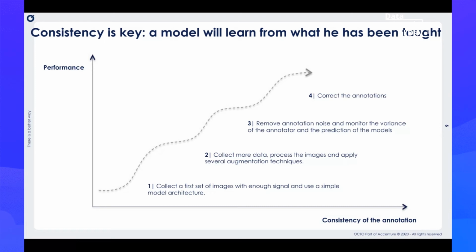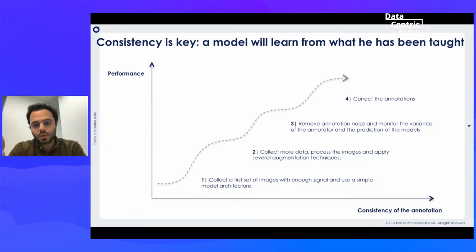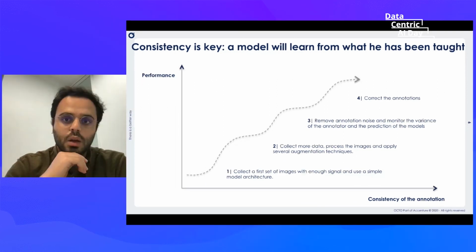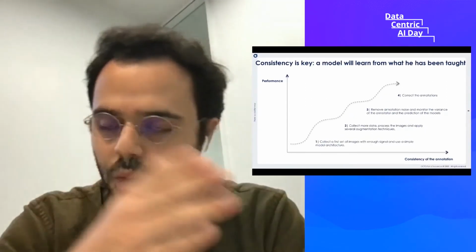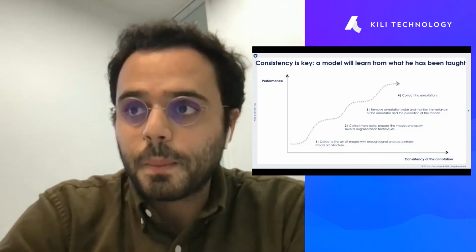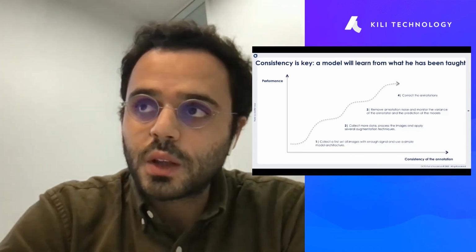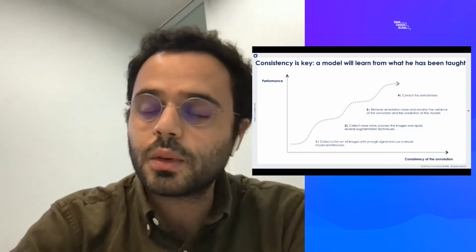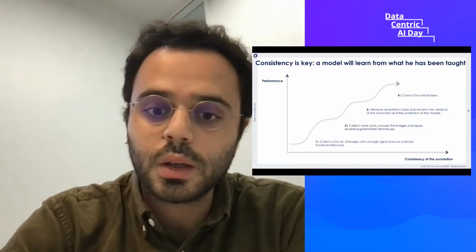So for us to reach the best performance, you have to collect the first set of images with enough signal, and use a simple model architecture. Begin with a very simple CNN with few layers, or even a simple feature extraction model and a simple classifier.